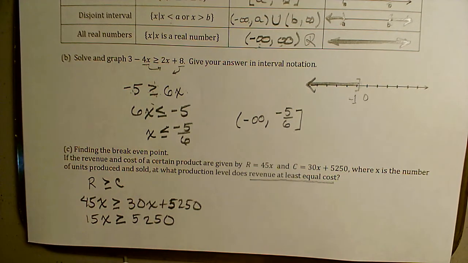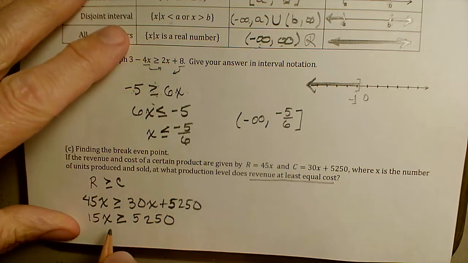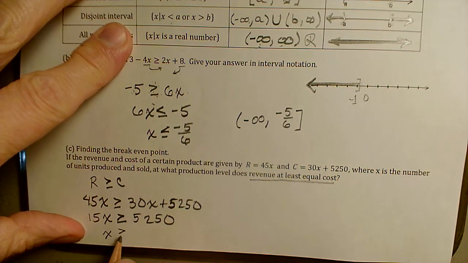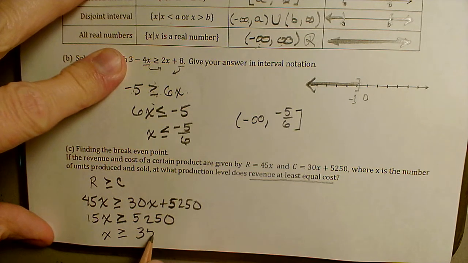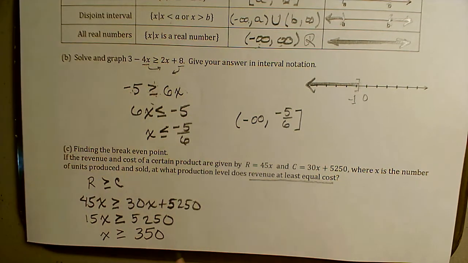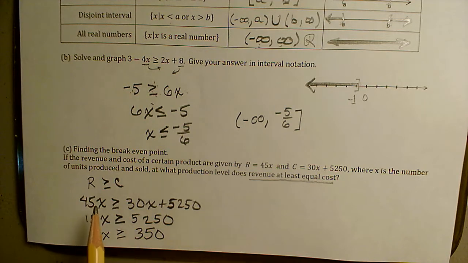And then we'll divide both sides by 15. So x is greater than or equal to, and I think that goes in evenly, 350. So if we make 350, then at that moment, the cost and the revenue are equal. The revenue you bring in is covering the costs. So if we make more than that, right?